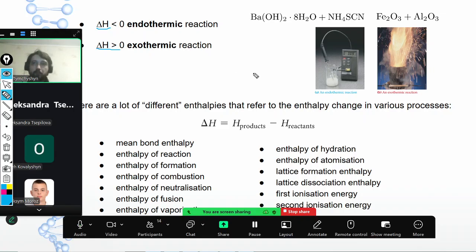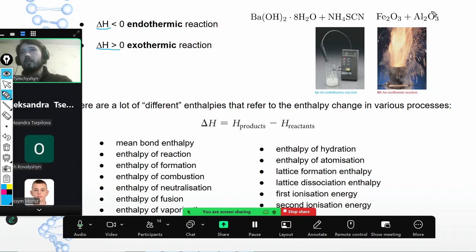Here are two examples. Here you see barium OH2 with NH4SCN, and this is an endothermic reaction. So you see that the temperature is pretty low, something like minus 0.09 degrees C, so it's around 0. Or we have an extremely exothermic reaction, that's iron oxide with the aluminum.